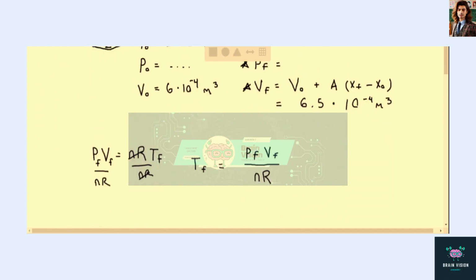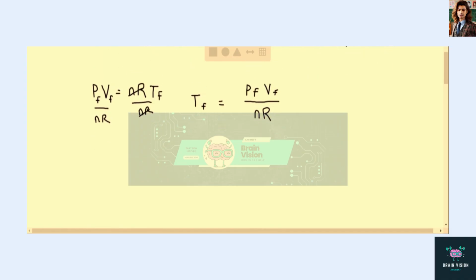Newton's second law would say that the sum of all forces is equal to ma, but since we're at equilibrium, the sum of all forces is really just zero, and we only have two forces. We have the force up from the gas and the force down from the spring.